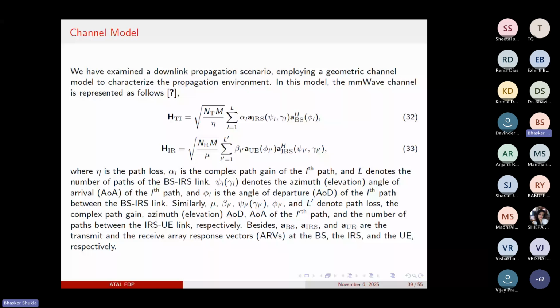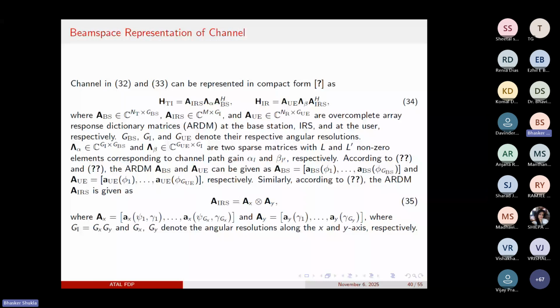So here again HTI and HIR are given by this relation as in the previous model. Here AIRS corresponds to the array response dictionary matrix of the IRS, ABS corresponds to the array response dictionary matrix at the base station, and AUE is the array response vector at the user.